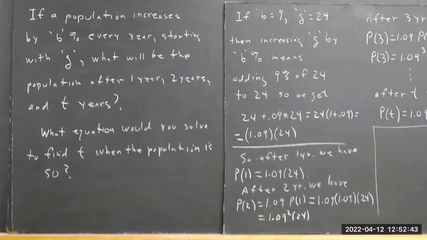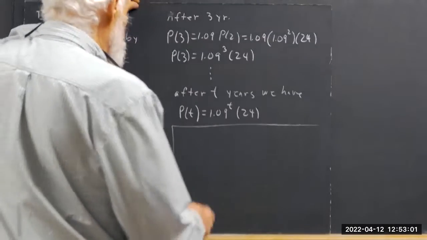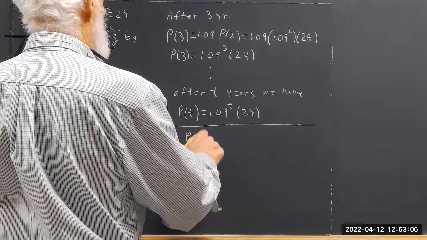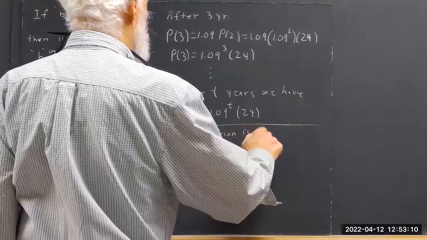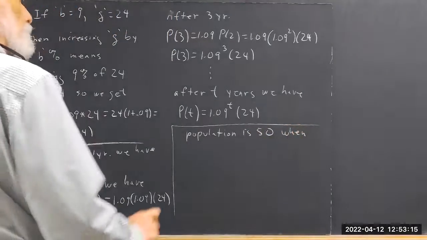Now, the question is, what equation would you solve to find t when the population is 50, right? Okay, so I'll give you a hint: the population is 50.